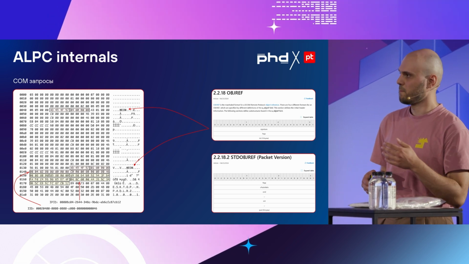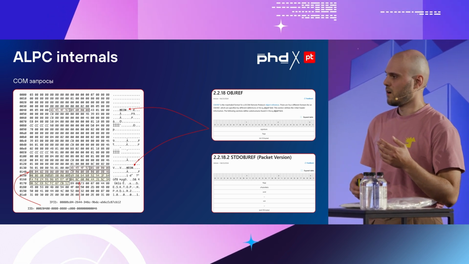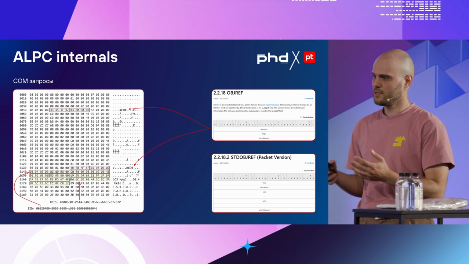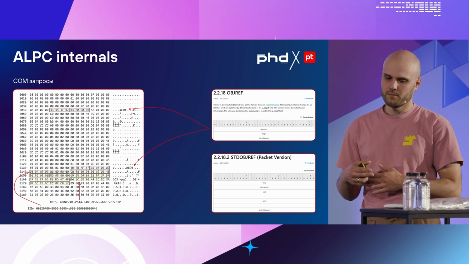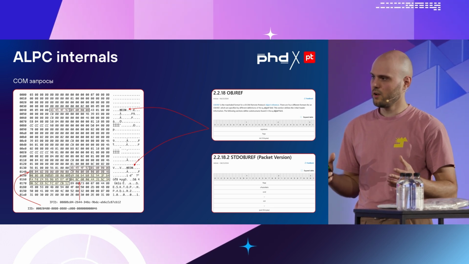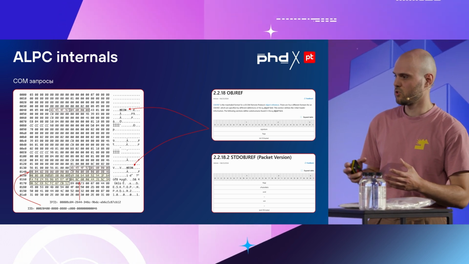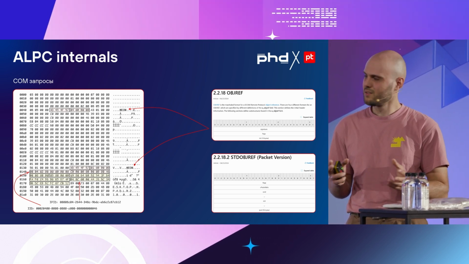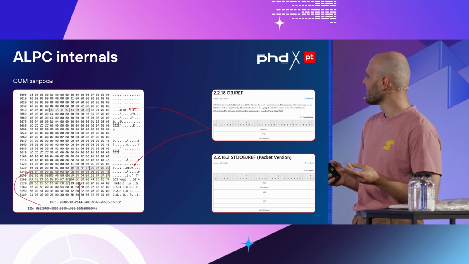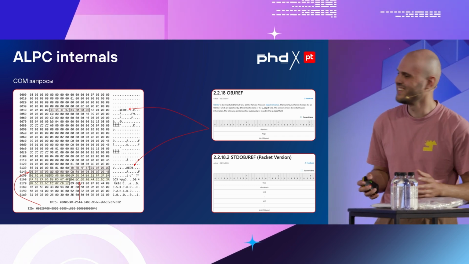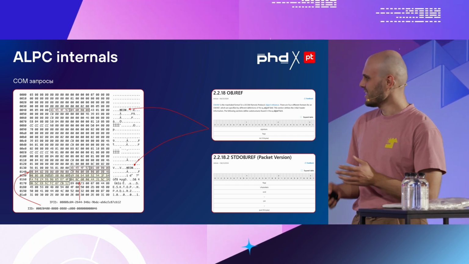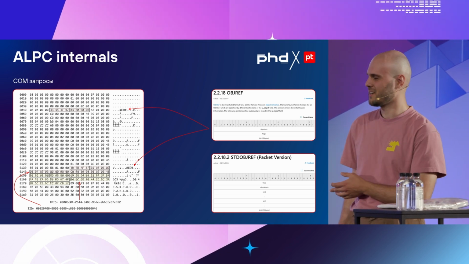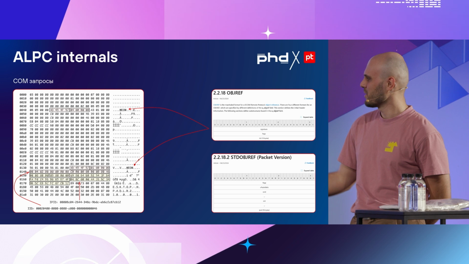When a COM object is being created, the server creates a unique entity of this COM object. And the interface ID is the ID of the interface that we want to get connected to.